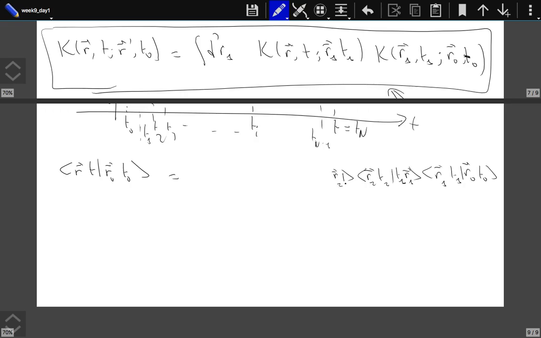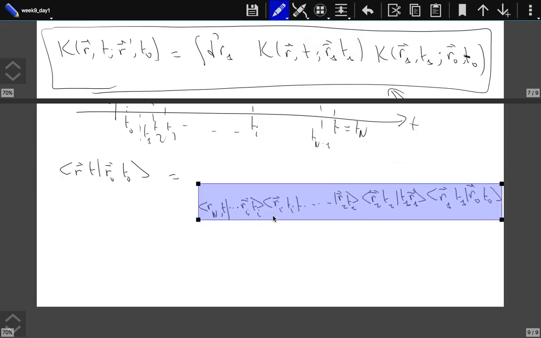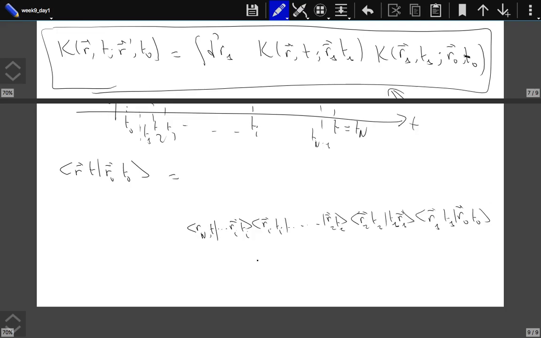Then I start from r2 at the time t2, and just like this, I eventually reach ri at the time ti. I start from ri at the time ti, and eventually I reach rn at the time t. And of course, all these intermediate times I have to integrate over.